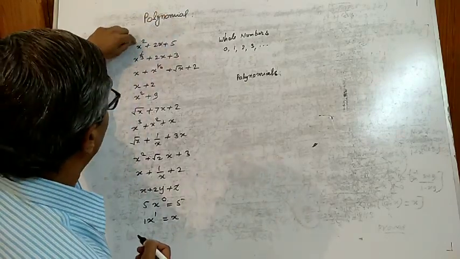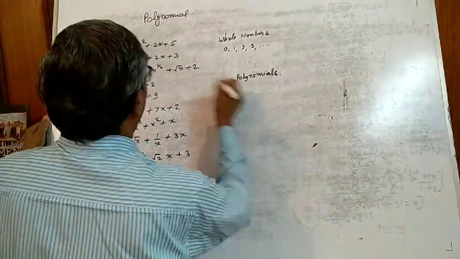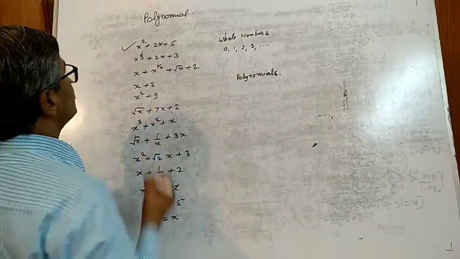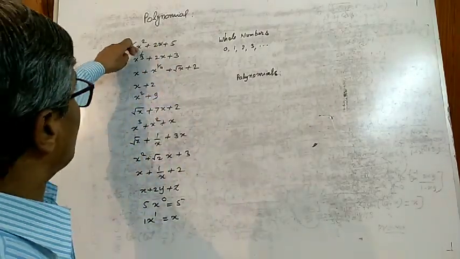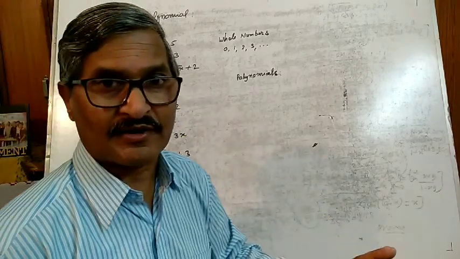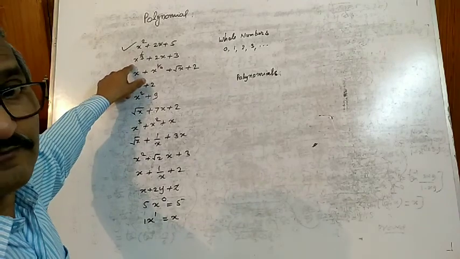So for every term exponent is a whole number, so this is a polynomial, or we can tick here, this is a polynomial. Here we find that 1 by 3 is not a whole number for the first term, so this is not a polynomial.